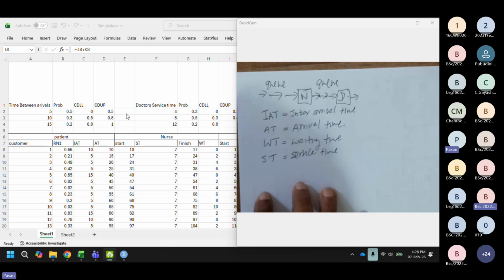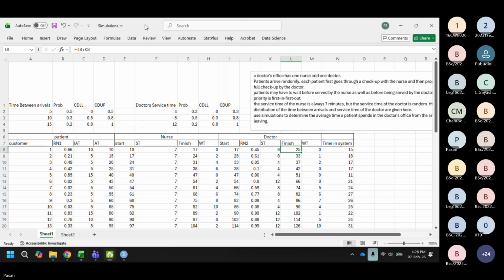So those are the columns we have there, right? Then the first customer will finish the entire work at time point 25, and the first customer will never have any waiting, so that is 0, right?